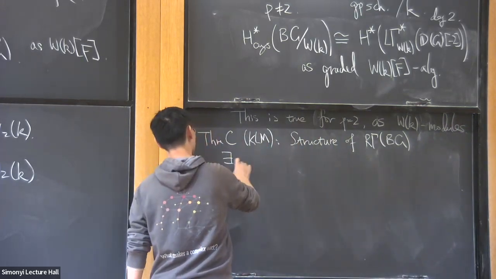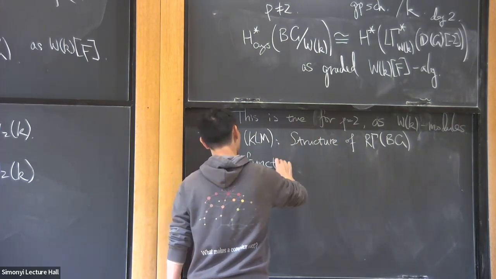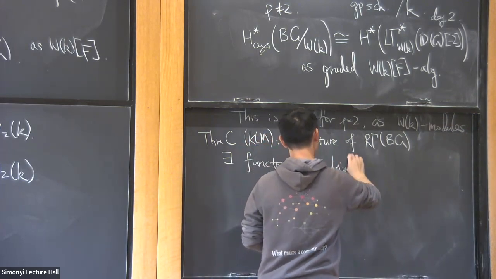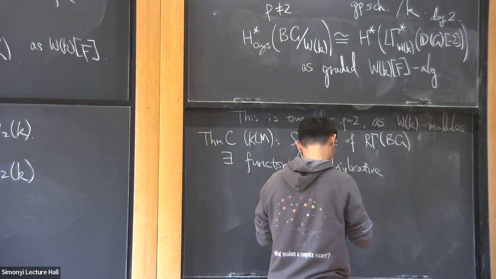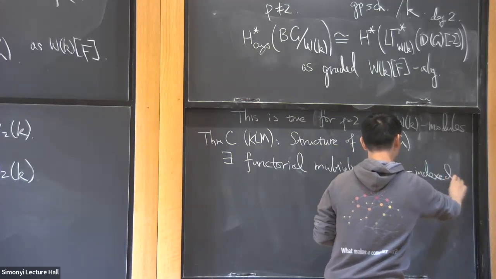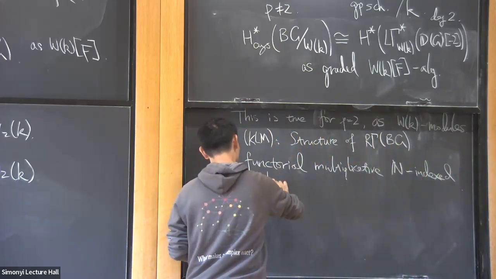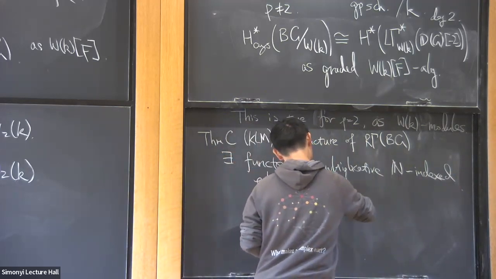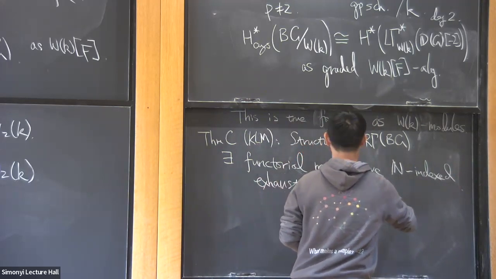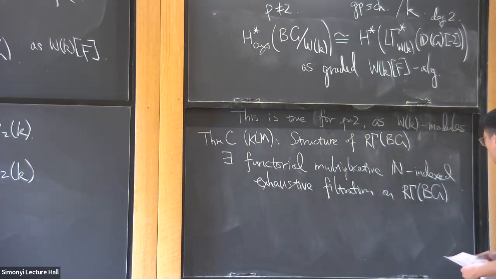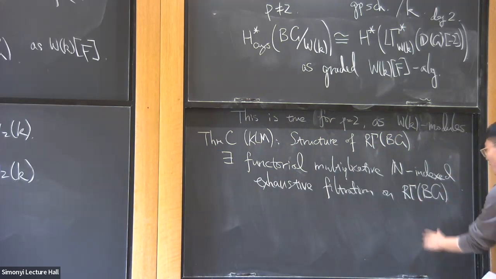So basically, what we figure out is that there is always a functorial multiplicative, natural number indexed, increasing, exhaustive filtration on this object R gamma BG for really any kind of reasonable cohomology theory you can think of.